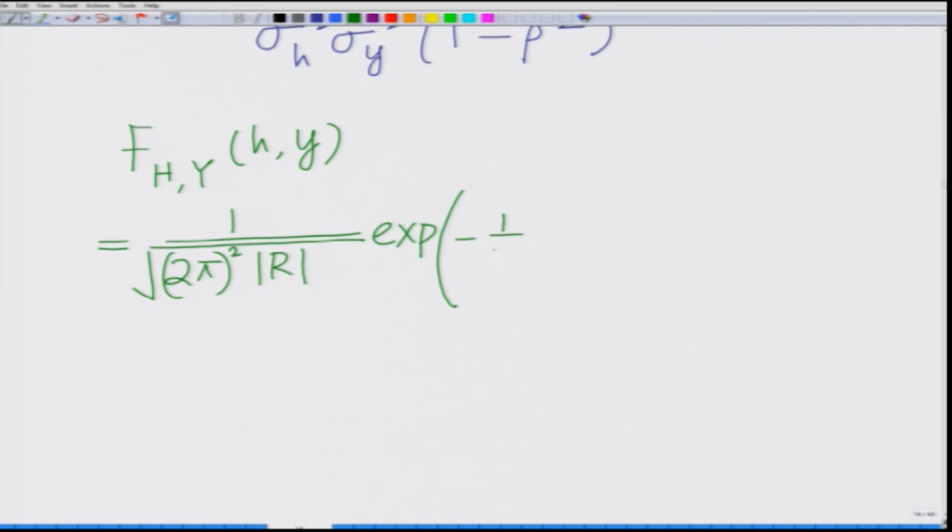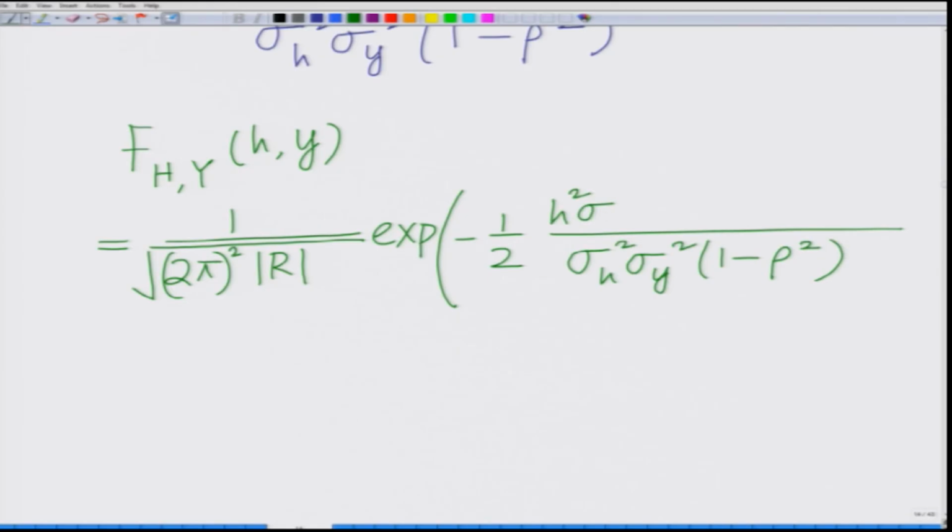In the denominator, I have sigma h square sigma y square into 1 minus rho square. In the numerator, I have h square sigma y square plus y square sigma h square minus 2 rho sigma h sigma y times h y.